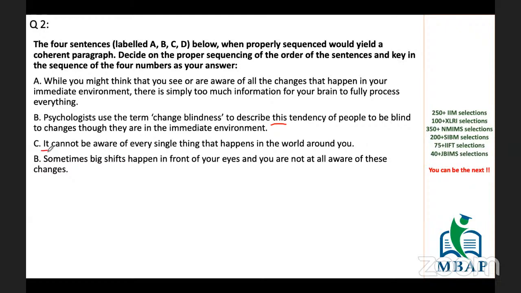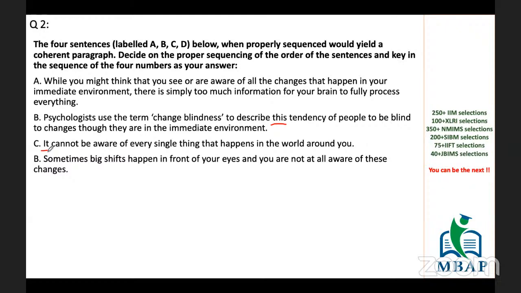So, this cannot be our first sentence, because the first sentence should be of a nature where just by reading it you will understand what this passage is about to talk about. That is the nature of the first sentence. So whichever sentence you feel is giving you a little introduction about what the passage is talking about, that is your first sentence.